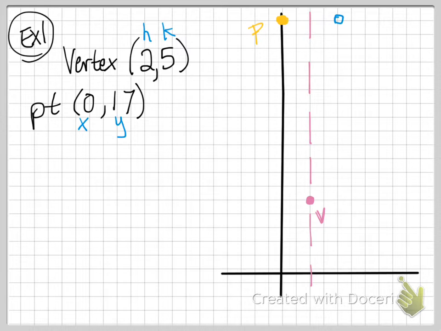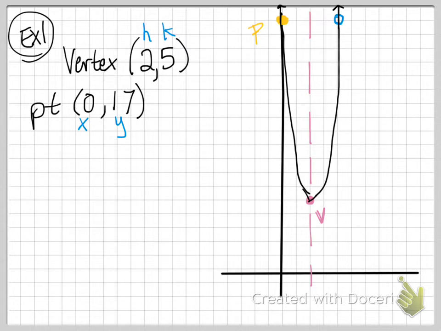So if I go 2 on the other side, there's another point on the other side of that axis of symmetry, okay, that we could draw in, that our parabola also goes through, okay? So I know that's kind of a sloppy quadratic there with my beautiful parabola shape, but you get the point. It's a reflection on the other side.